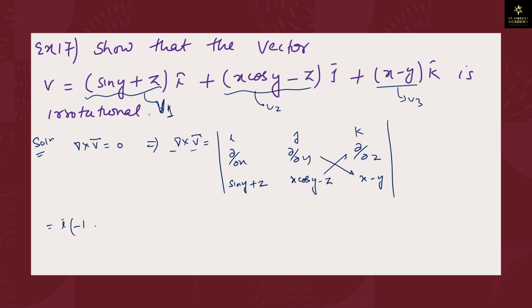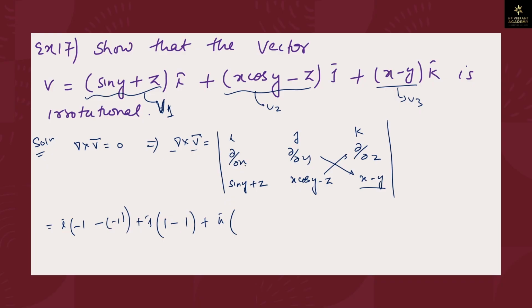So this is minus 1, and this is minus times of x cos y minus z. So this will be minus of minus 1. Okay, so this is plus 1 plus j cap. This is 1. Or minus del upon del x of x minus y. This is 1 plus k cap.